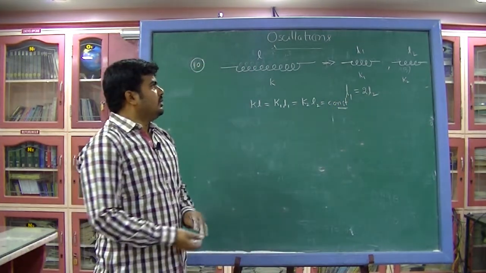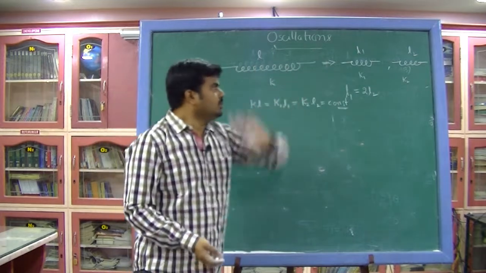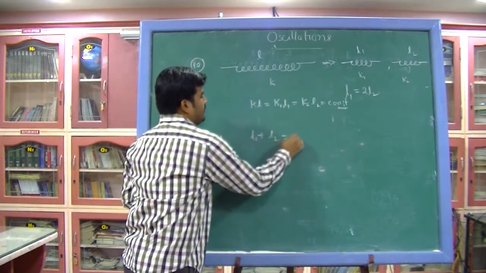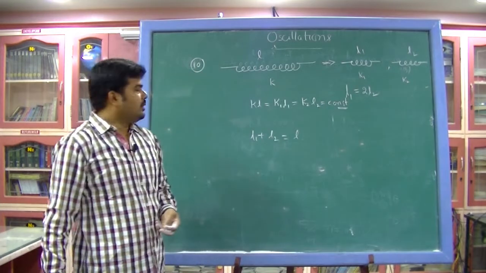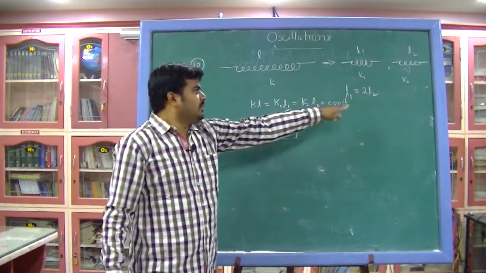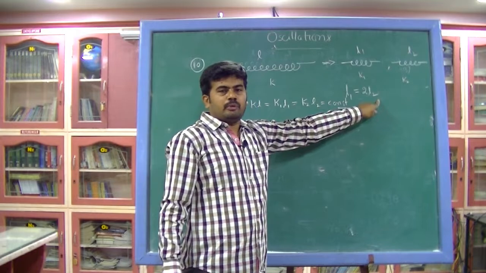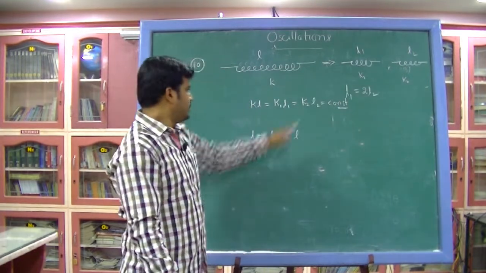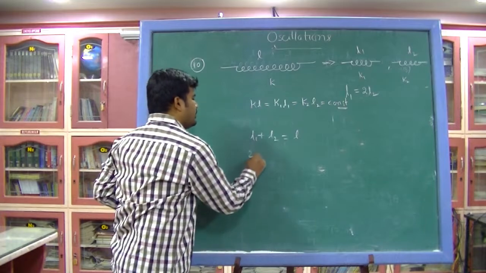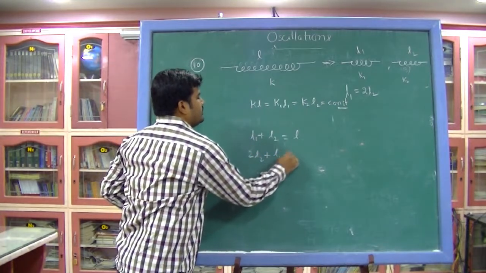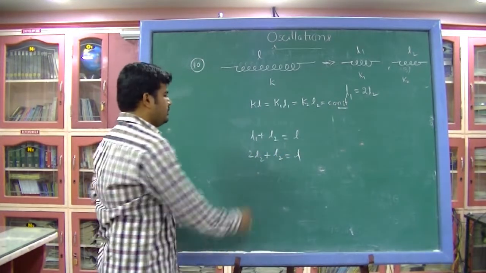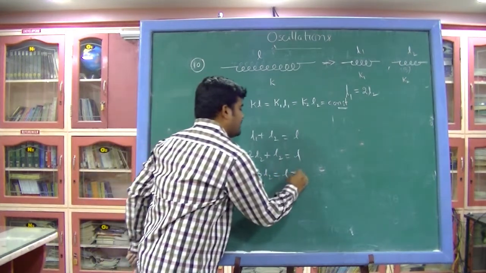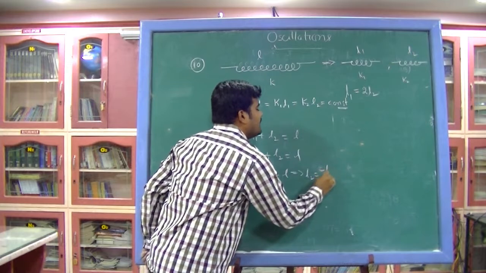Now, the total length L must be equal to L1 plus L2. L1 is given as 2L2 in the problem, so 2L2 plus L2 is equal to L. Now, 3L2 is equal to L, which implies L2 is equal to L by 3.